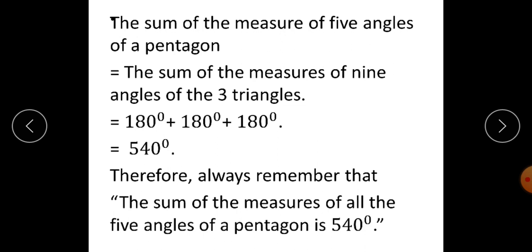Each time we have divided the given figure into triangles and then calculated their total sum. Therefore, for finding the total measure of all the angles of a given polygon, you have to divide that polygon into a number of triangles, and then calculate the total by adding the measure of each triangle.